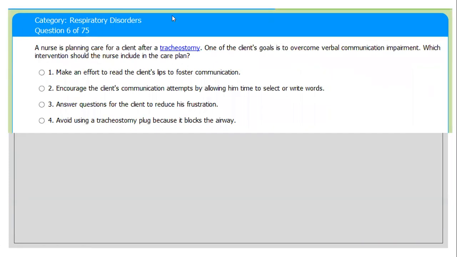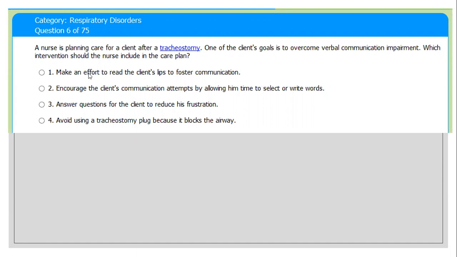Next question here. A nurse is planning care for a client after a tracheostomy. One of the client's goals is to overcome verbal communication impairment. Which intervention should the nurse include in the care plan?